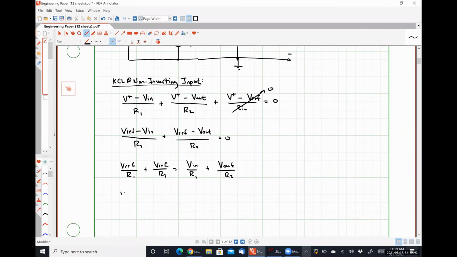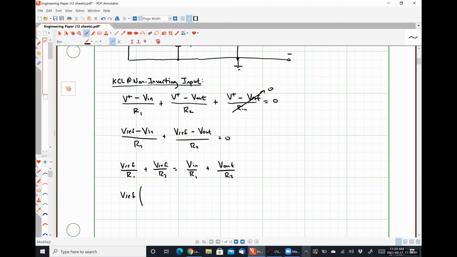This is the same as Vref times 1 over R1 plus 1 over R2, which is just the inverse of R1 and R2 in parallel.